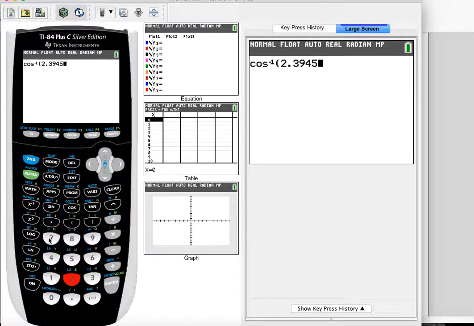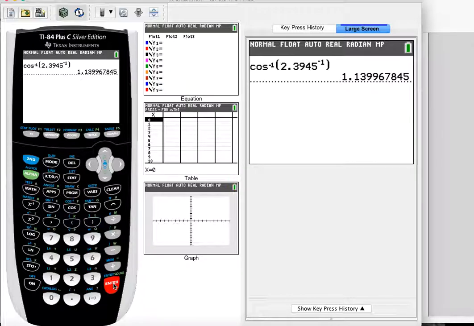So all I need to do now is do the reciprocal and then close off the parenthesis. You don't want to do it after, you want to do it before. That changes it to 1 over 2.3945, which gets me back to secant. And then I have my answer of 1.14 radians.